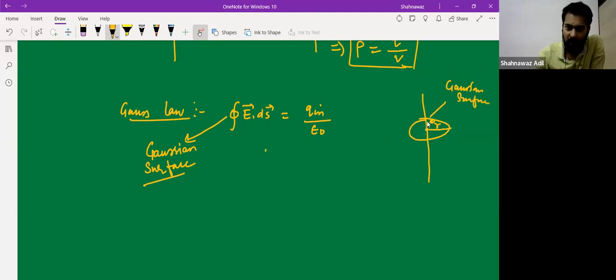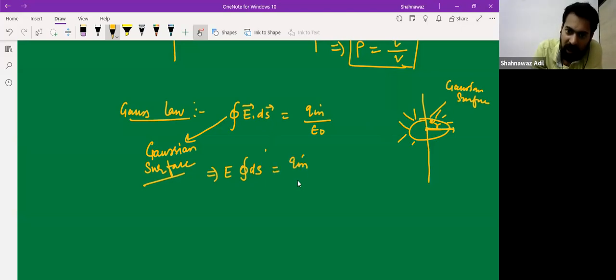The direction of the E vector and ds would be parallel. The electric field direction is in this direction and your area vector is in this direction, so they are parallel. So E is constant, and the integral of ds over the closed surface equals Q enclosed by epsilon naught.